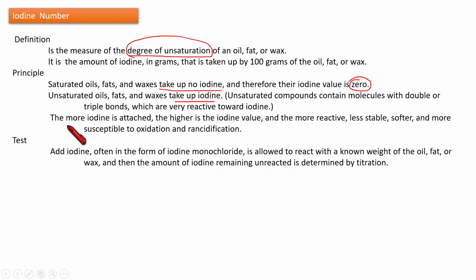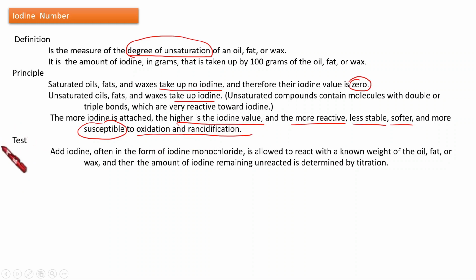The more iodine is attached, the higher is the iodine value, and that fat is more reactive, less stable, softer, and susceptible to oxidation and rancidification. Clear? So, a fat that has a high iodine number is more susceptible to rancidification. It can spoil so fast.